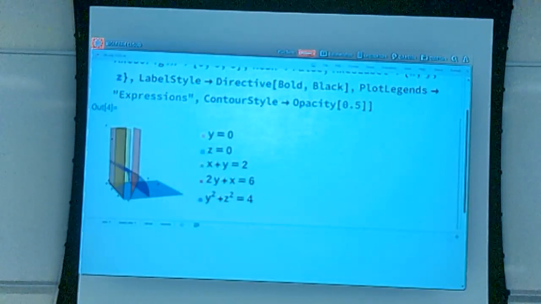What are the bounds for X? What are the bounds for Y? What are the bounds for Z? Based on what they just told me, z would be 0 to the square root of 4 minus y squared, and for y, it's 0 to the same.